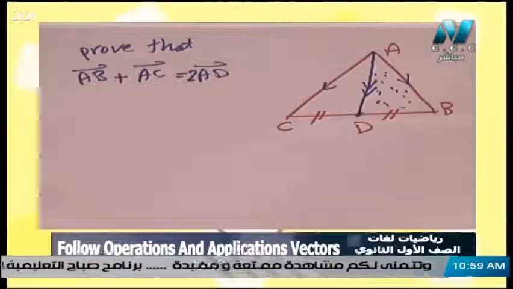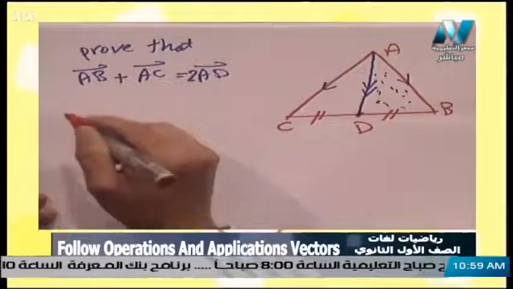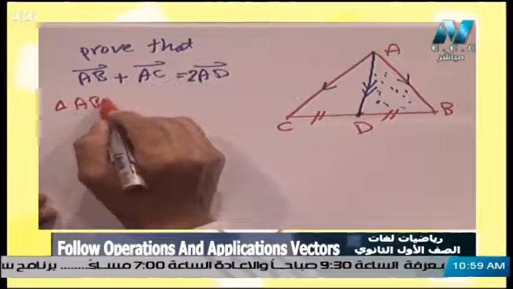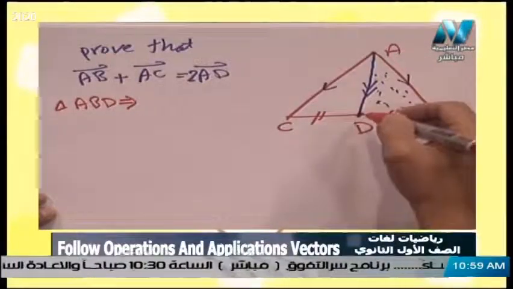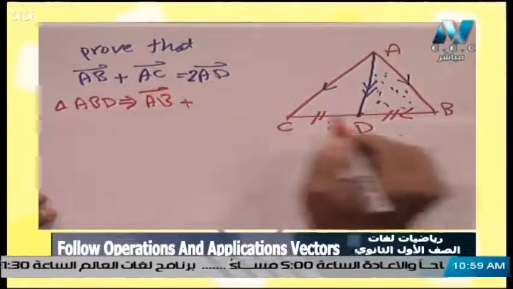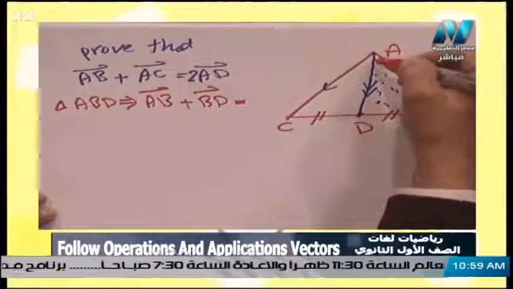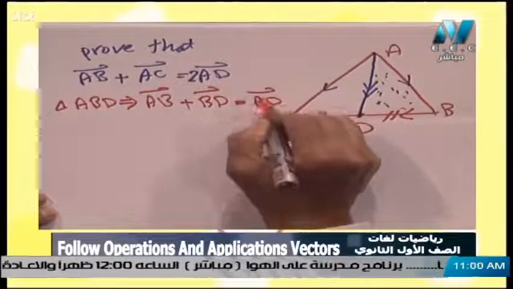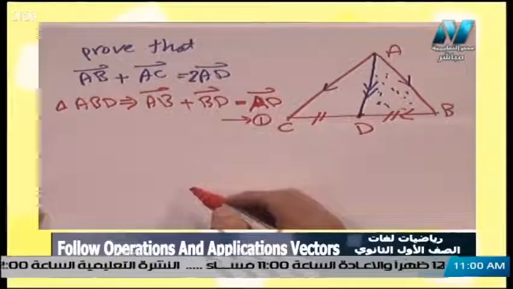In triangle ABD, we will get that the vector AB plus the vector BD equals, of course, the vector AD from the triangle vector rule. And this is equation number 1.